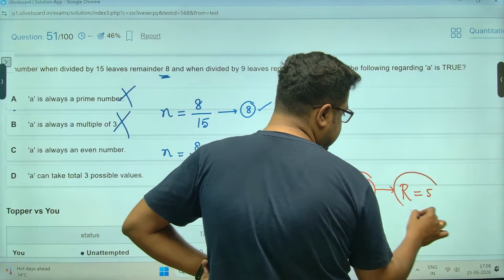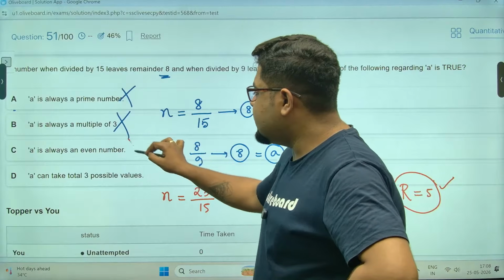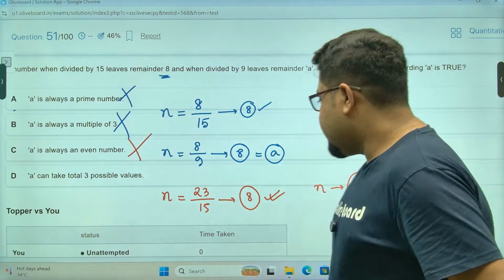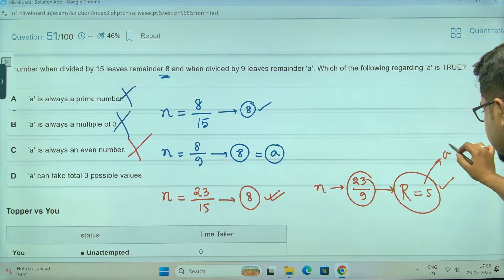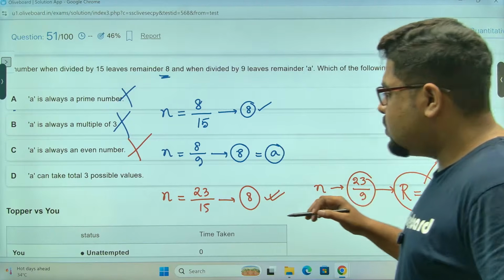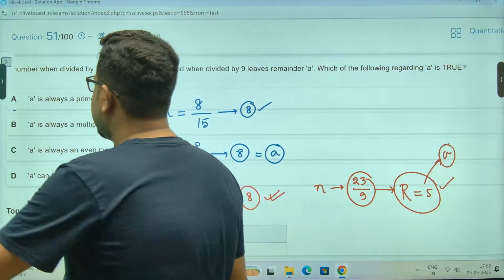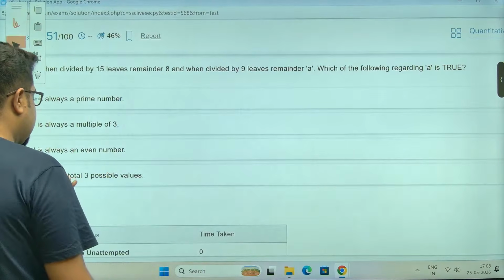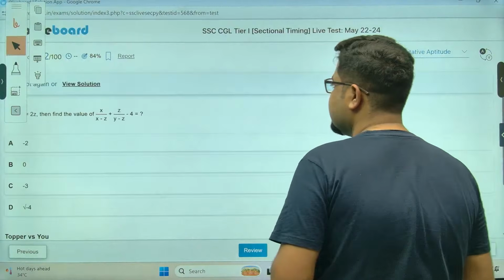Remainder is 5. 18 and 5. So a is not always an even number, because 5 is not an even number. Remainder is called a. So my only possible answer is option D. I don't need to know anything to answer this properly.